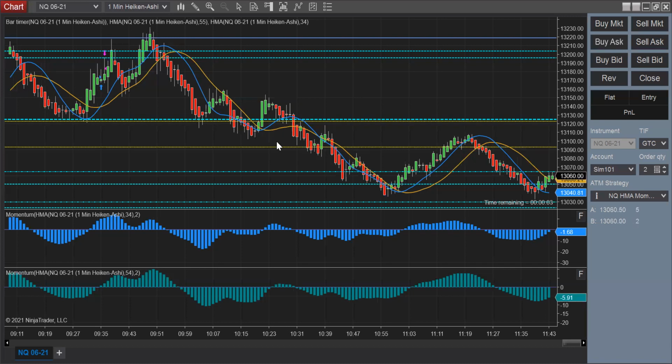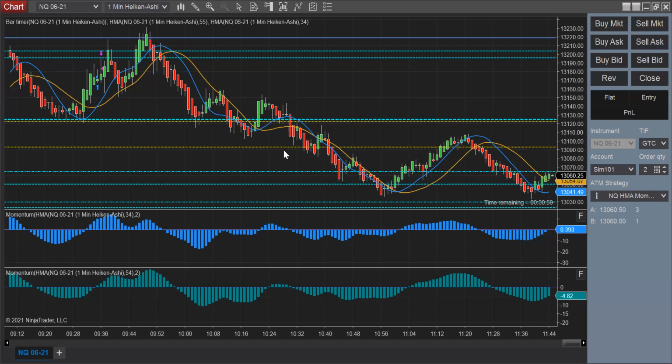So I use moving averages for entry and exit, and I use the momentum and moving averages for entry and exit.